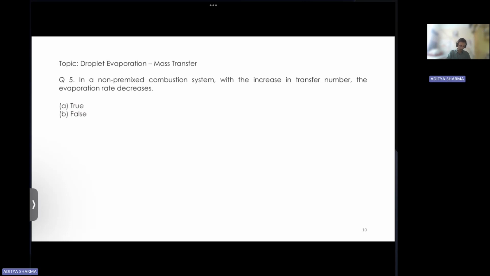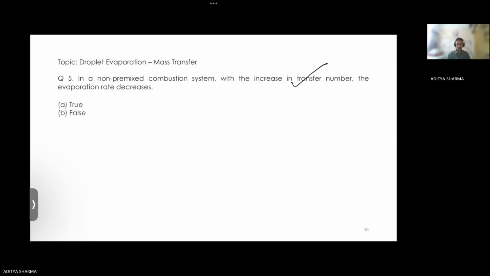So your transfer number is basically the driving force for your evaporation.